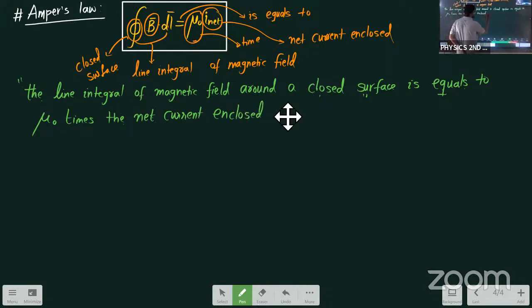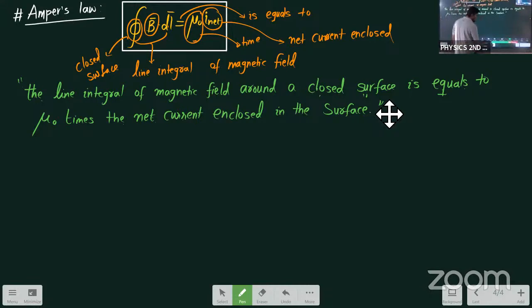So what does Ampere's law state? The line integral of magnetic field around a closed surface is equal to mu naught times the net current enclosed in the surface.